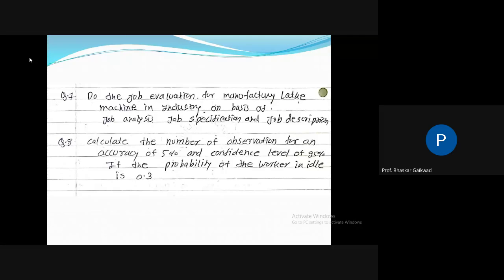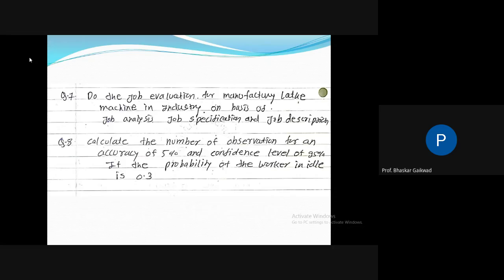Job specification means what is the center height of the lathe, the length of the lathe, the size of the gearbox, the types of apron mechanism, like this specification will be there. Job analysis means what types of elements are there, maybe lead screw, chuck is there, bed is there, their sizes, etc. And job description means their dimension and drawing. Okay, so like these points will be there.